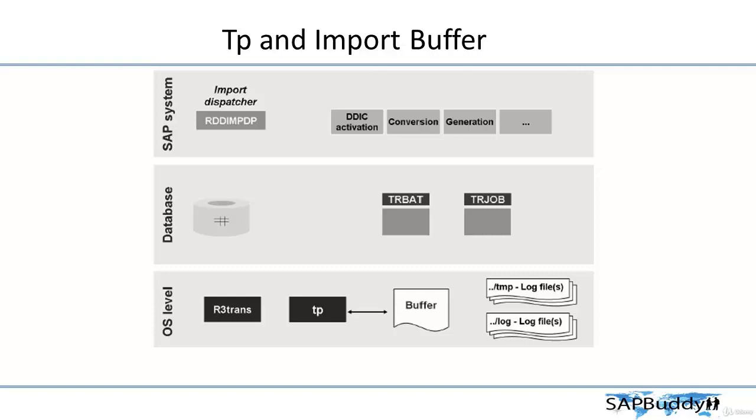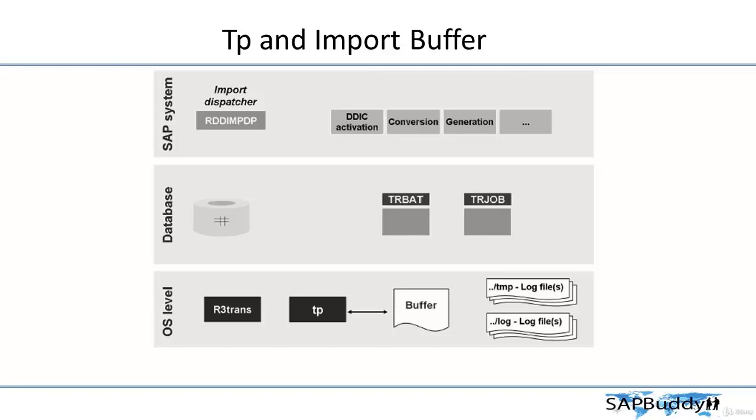Then the import will start. Let's say you are triggering a TP import all, that means the mass import which we have seen before. In STMS, we also saw that we need to specify the stop mark, up to which TRs we need to import.